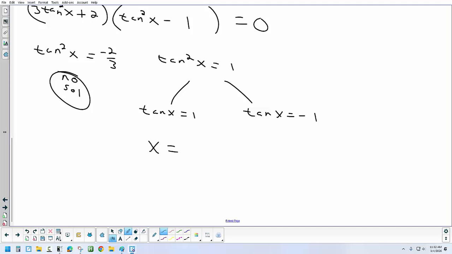What kind of triangle, anyone remember the unit circle, has values that can come out to 1 when you do the tangent? Yeah? 45. The 45, 45, 90, yes. It's the only triangle that you can do tangents because it's isosceles.